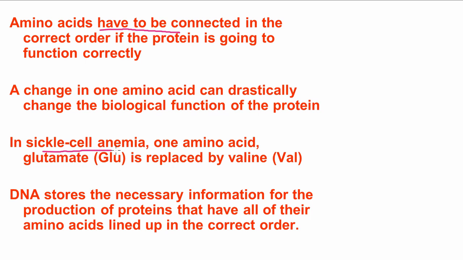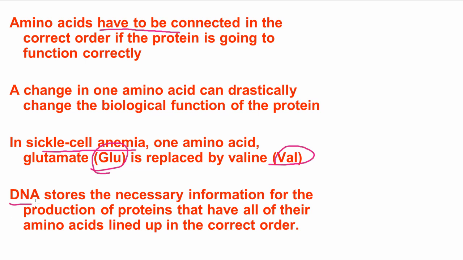For example, in sickle cell anemia, one amino acid, just one, glutamate, is replaced by a valine. And think about how awful sickle cell anemia is. So it's just, again, one of the amino acids is replaced by another amino acid.